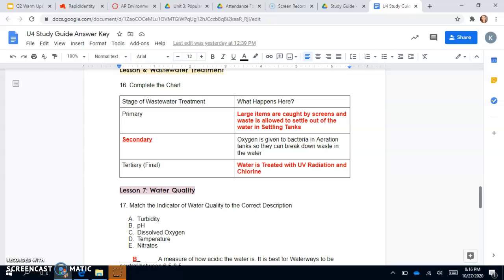In the secondary stage, oxygen is given to bacteria in the aeration tank so they can break down the waste in the water. And then in the tertiary or final stage, the water is treated with UV radiation and chlorine in order to disinfect any remaining wastewater. Now, that is a very general overview, but of course, the details are in that unit for lesson number 6 when we learned about wastewater treatment.